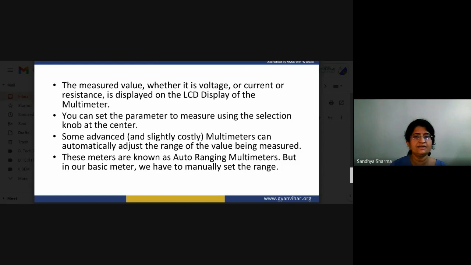Some advanced and slightly costly multimeters can automatically adjust the range of the value being measured. These meters are also known as auto ranging multimeters, but in our basic meter we have to manually set the range.